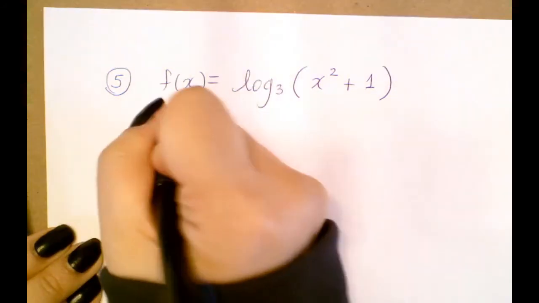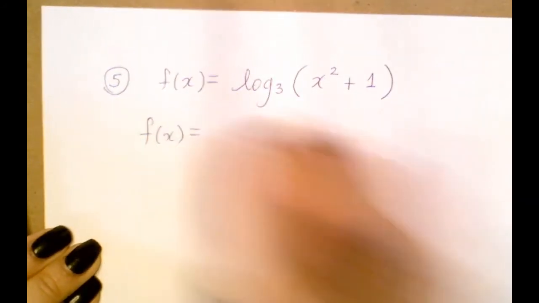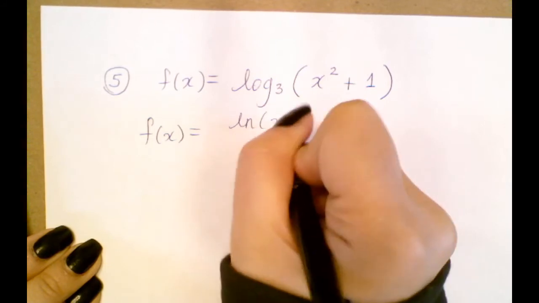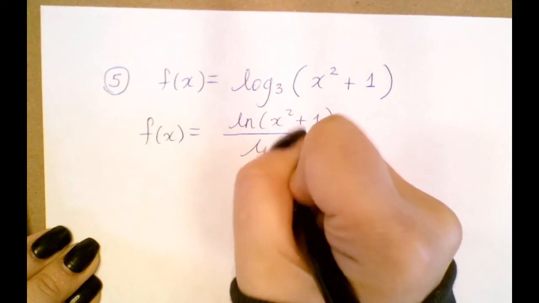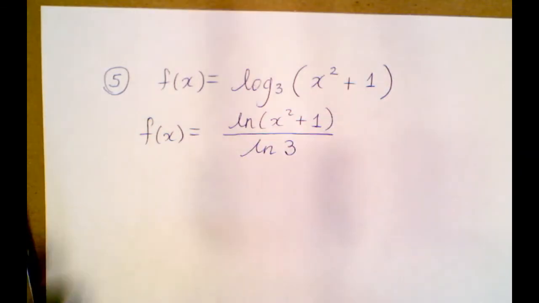Let me rewrite f of x as natural log of x squared plus 1 over natural log of 3. So I use the change of base formula to rewrite my f of x.